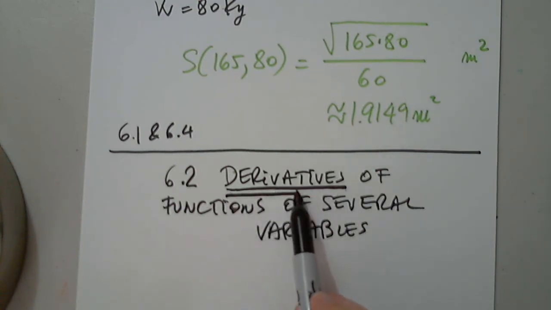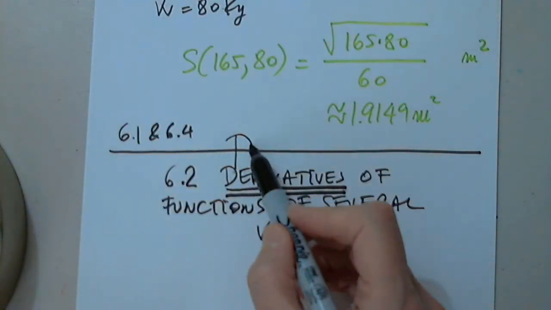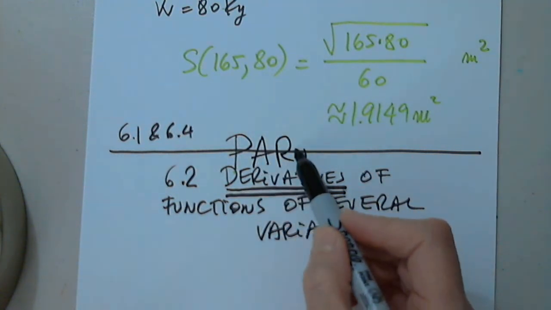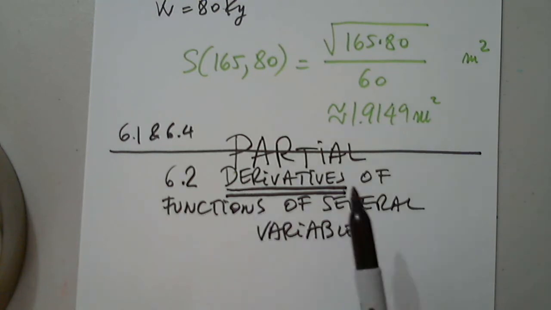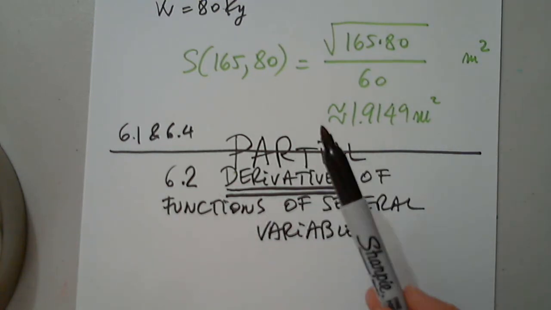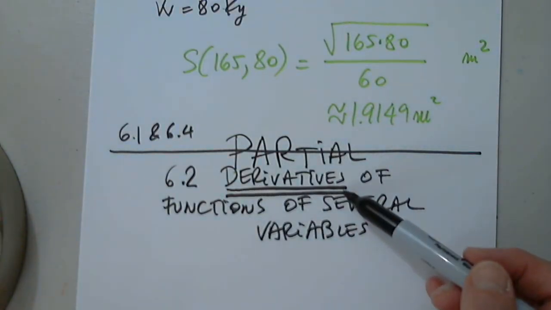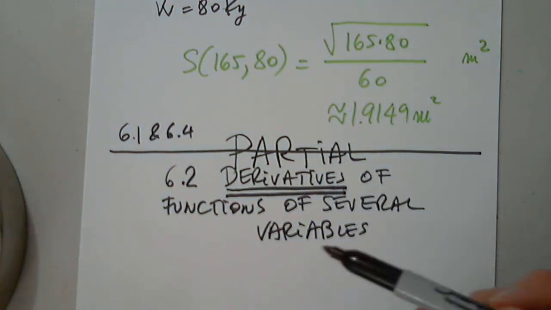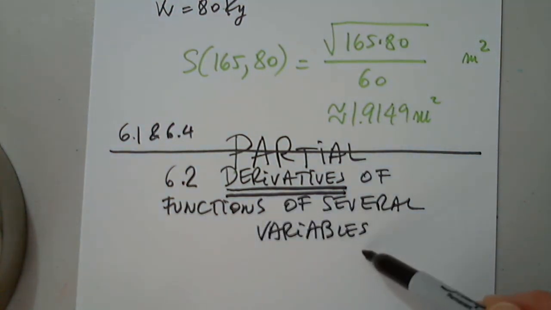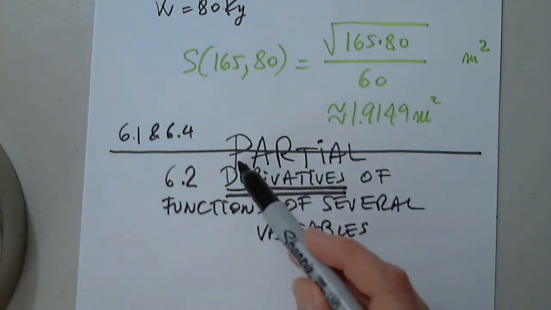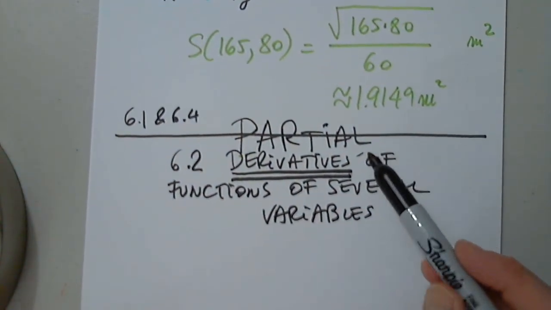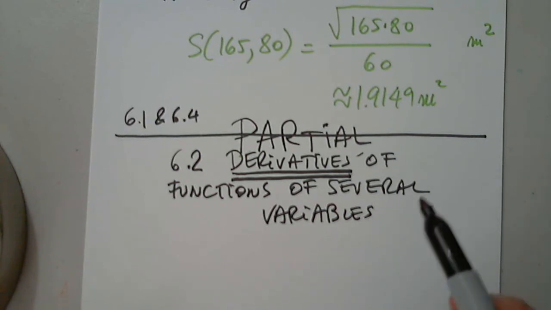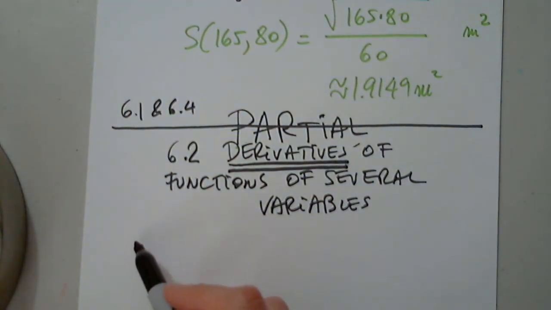They are called partial, to be exact. So when we talk about a function with one variable, we say it's a derivative of that function. But when we talk about functions of several variables, we can only look at what are called partial derivatives. What does that mean? And what is the notation? So I'm going to stop after I just mention one.